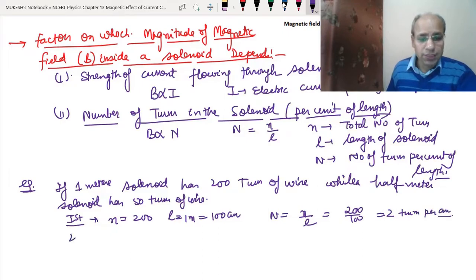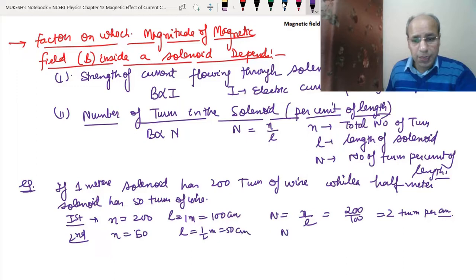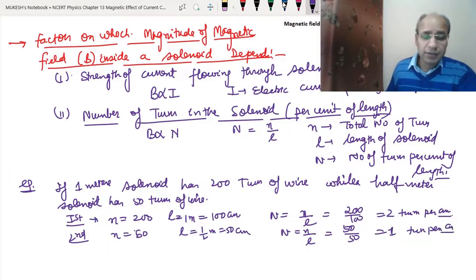Now in the second one we have 50 turns and L is half meter, which means 50 centimeter. So capital N will be equal to small n upon L, 50 upon 50, so that means 1 turn per centimeter. It means that the first will have more magnetic field than the second one.